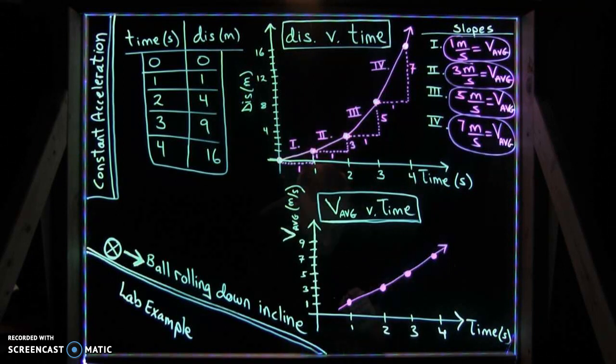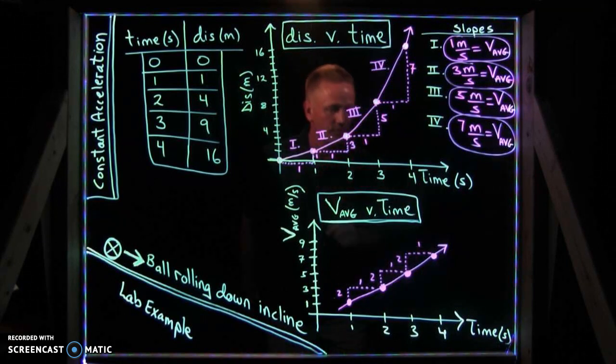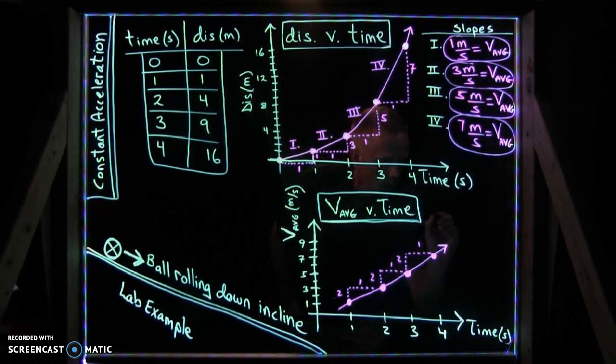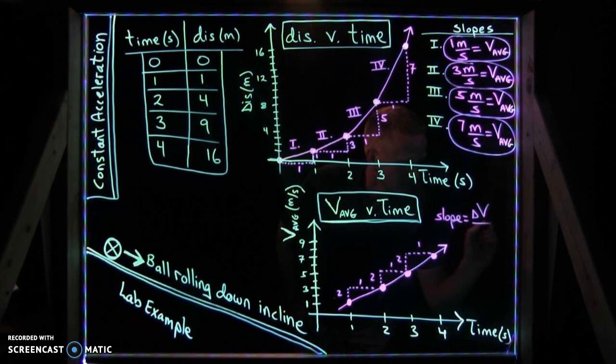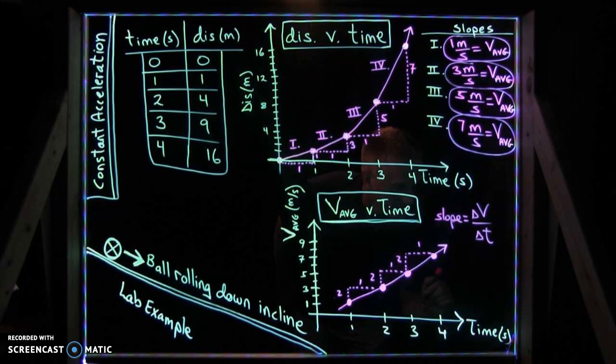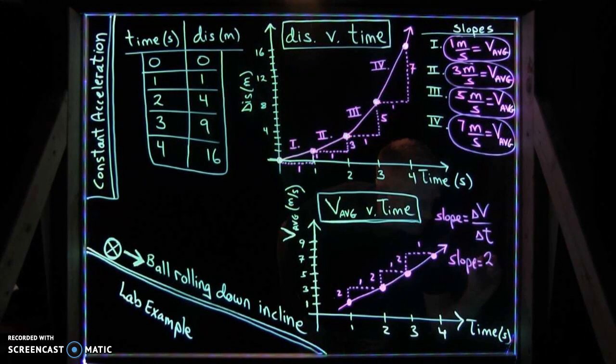The slope of that line will always rise 2 units for every 1 unit of run. This rises 2 units for every 1 unit of run, and again, this rises 2 units for every 1 unit of run. So if you consider the slope here, where the slope is measuring a rise as your change in velocity and a run as your change in time, it is a constant slope, and it is equal to 2 meters per second each second.